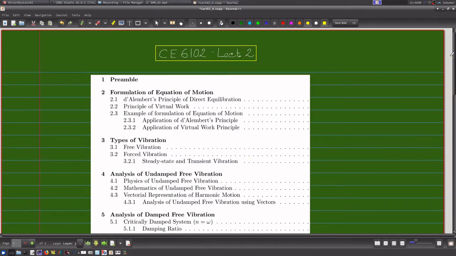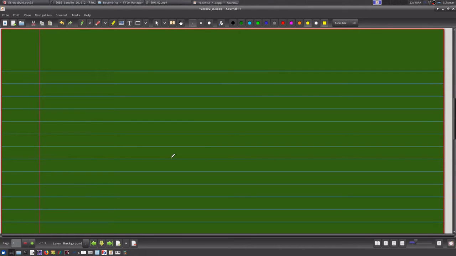So the first thing is the formulation of the equation of motion. For the equation of motion formulation, we already know from the first lecture that in a dynamic system the presence of inertia force is one of the essential characteristics of a dynamic system, right?